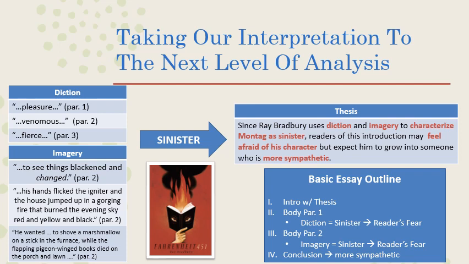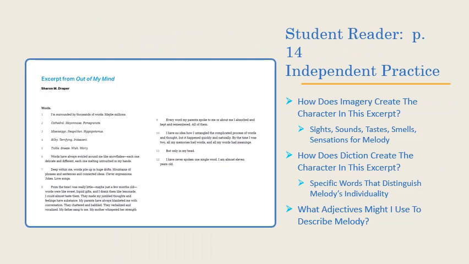You're going to do this with a separate example, and that example is from, golly, that's small and I apologize for it, but it's from the student reader on page 14, from an excerpt of a piece of writing called Out of My Mind. This is a different piece of writing, obviously, by Sharon Draper, who is also a poet.